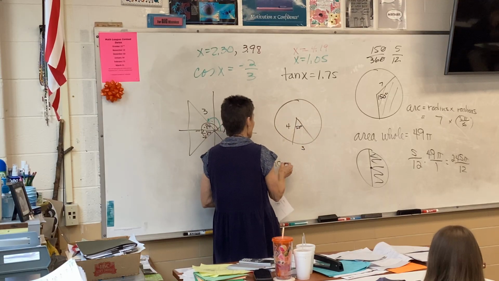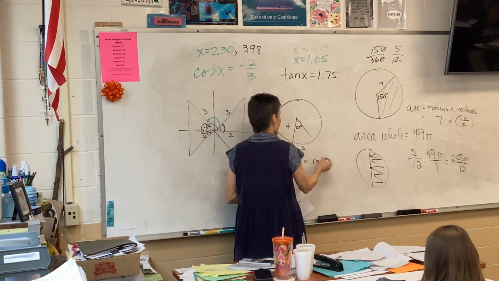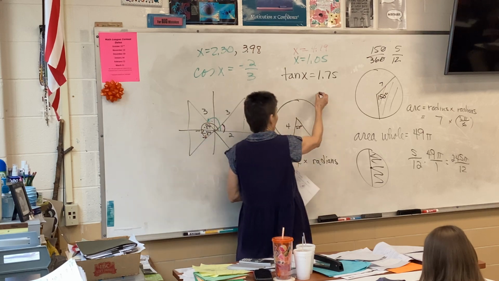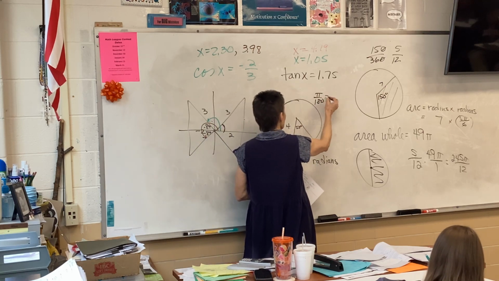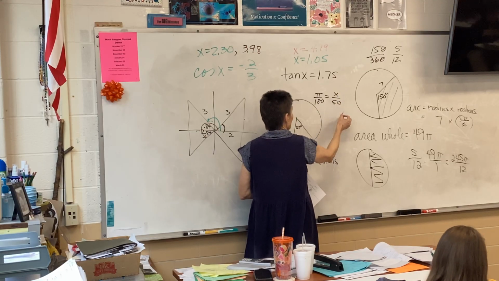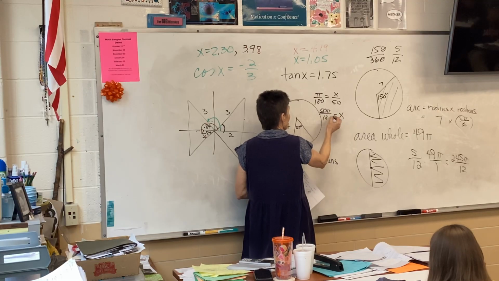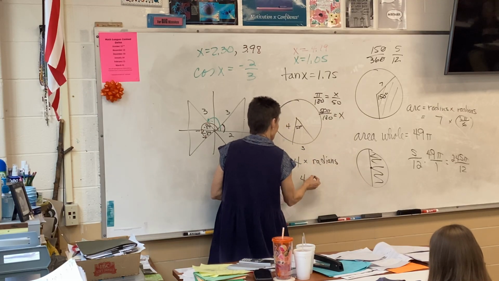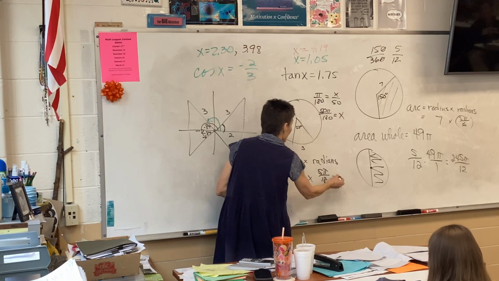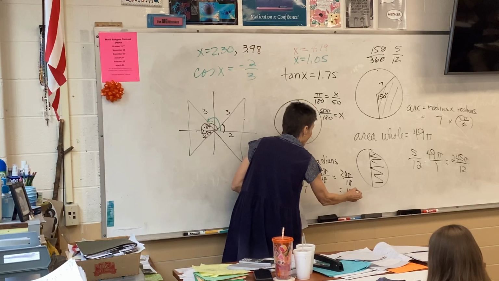I need radius, which is 4, times radians. I don't know the radians, so pi is to 180 as something is to 50. So 50 pi over 180, it looks like 5 pi over 18. Now that one will reduce things to 10 pi over 9.